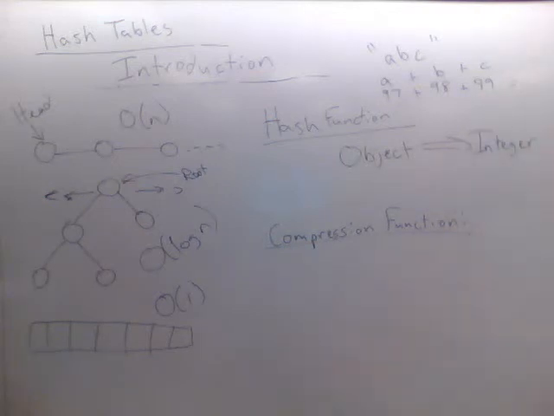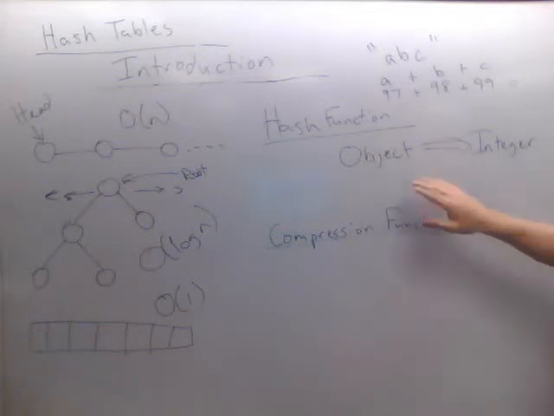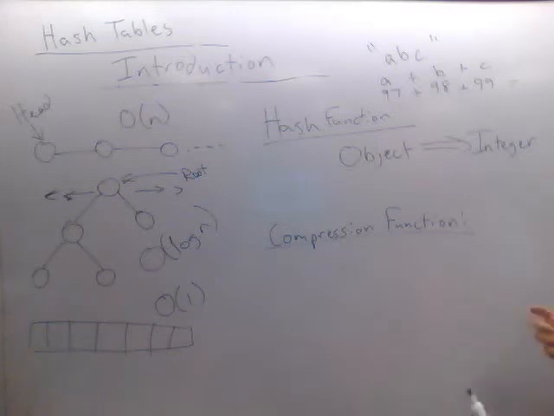Right? So how Java does this by default is the hash function is going to be the address of the object. Okay. So it's the perfect hash function. It's guaranteed that every object is going to hash to a different number.